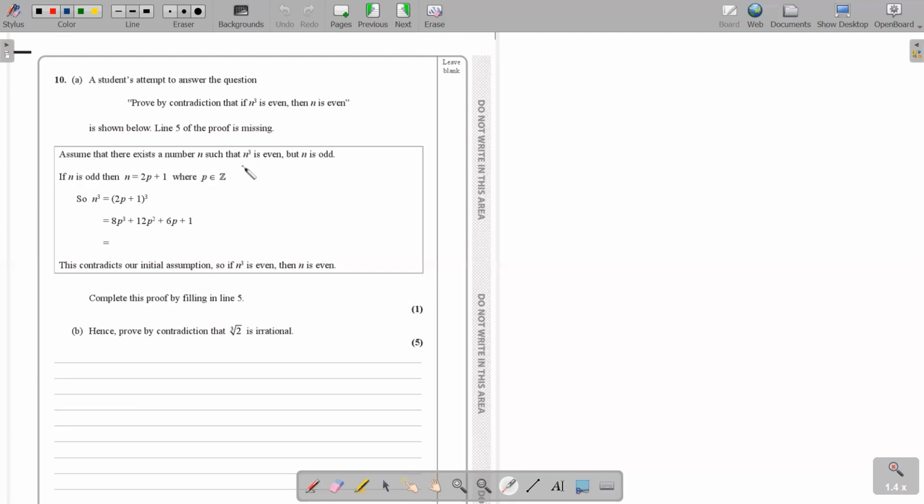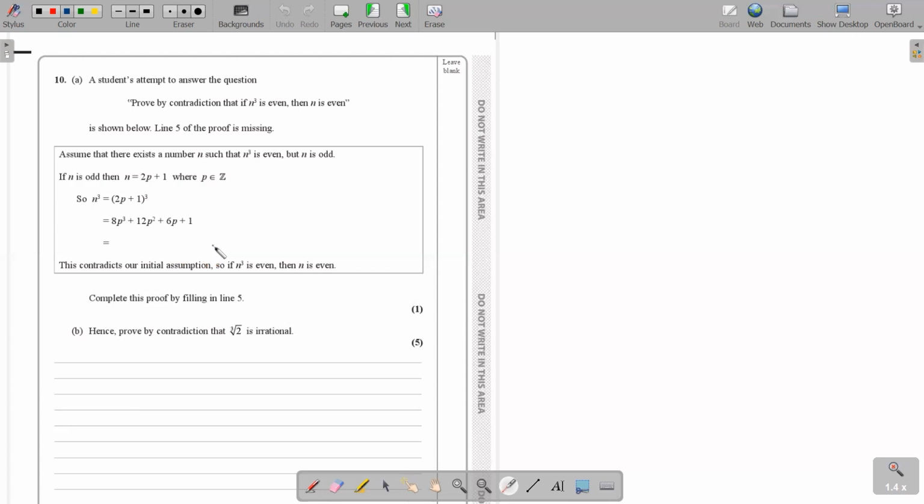So we are supposed to find n cube, right? To prove this, they have taken n cube, 2p plus 1 to the power 3, and it's expanded here. Okay, so what should be the last line? Now in the last line, since it's a contradiction, I need to show by some method that it's not going to be even. What do you think is the last line of the proof I should write here?